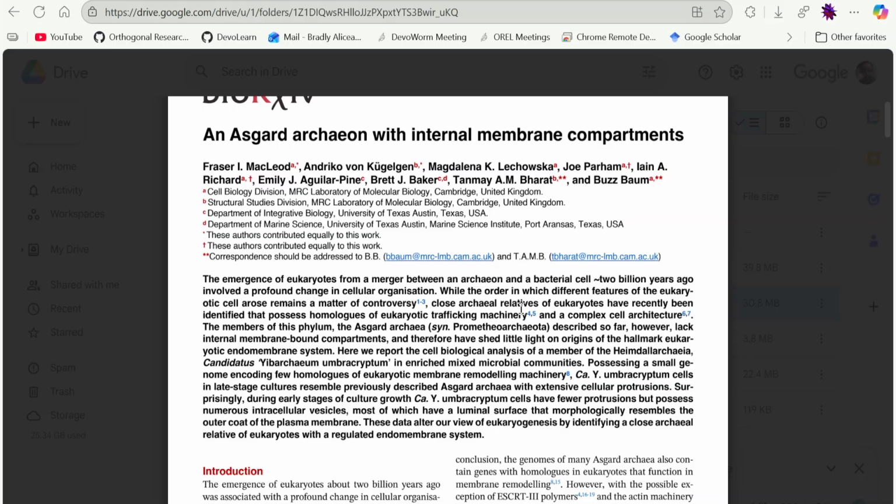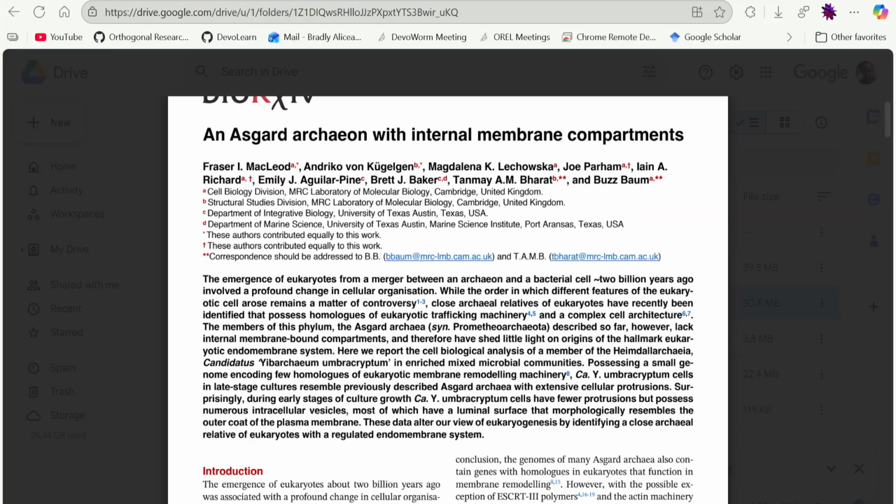Close archaeal relatives of eukaryotes have recently been identified that possess homologs of eukaryotic trafficking machinery. Again, this is the machinery you see near the membrane, where you have receptors and different pores, and things coming into the cell are trafficked to the nucleus or to other parts of the cell.